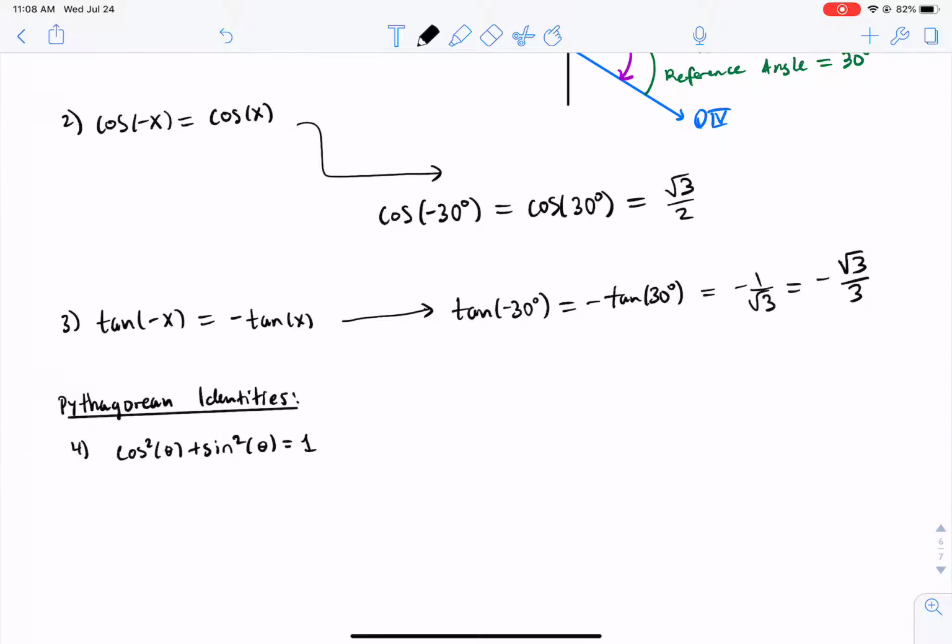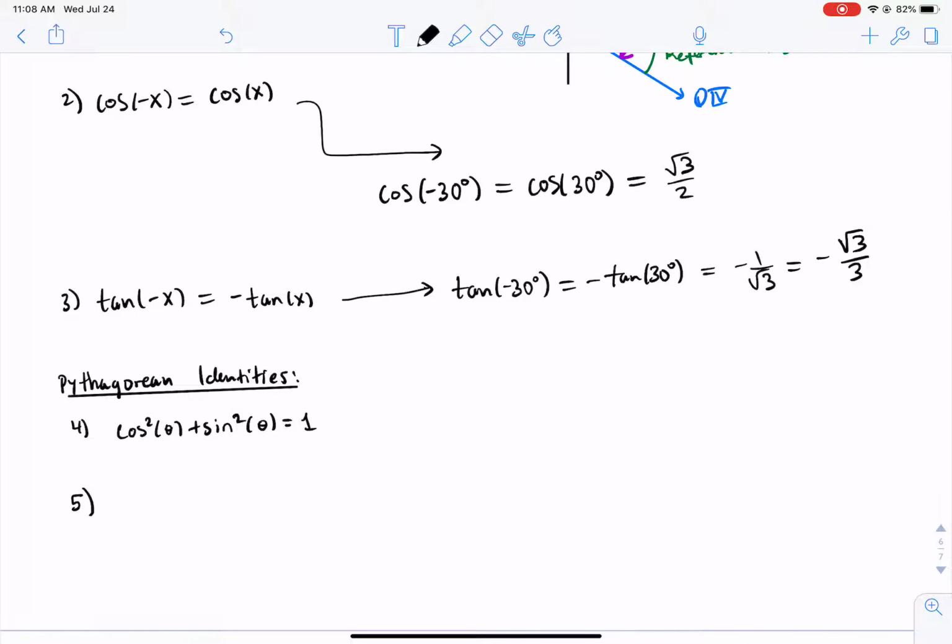And number 5: let's use our imagination a little bit. For the first, number 4, if you were to divide everything by cosine squared, you're going to get cosine squared theta over cosine squared theta plus sine squared theta divided by cosine squared theta equals 1 over cosine squared theta.